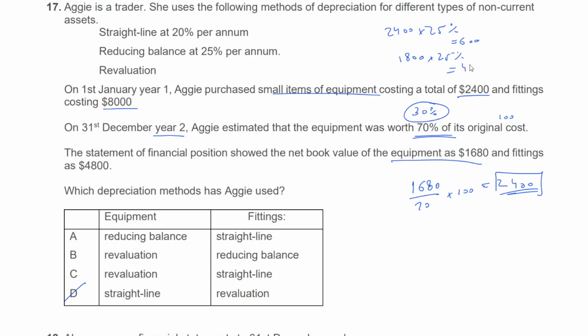What is the net book value? 1,800 minus 450 is 1,350. And the SOFP showed the net book value 1,680, and that's definitely not the same. So it's not reducing balance either. Equipment is neither reducing balance nor straight line. It's definitely revaluation.